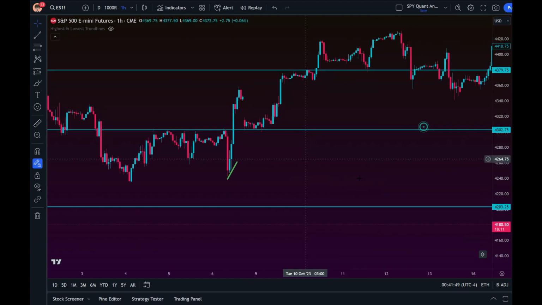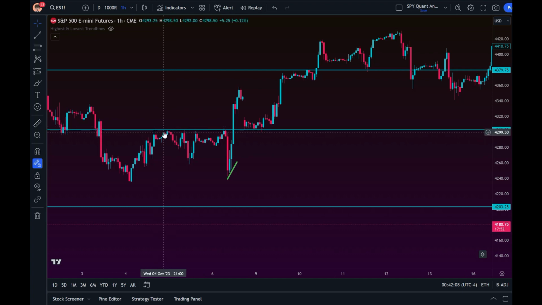So those are generally how you can play your support and resistance. Let's say theoretically we had a bullish pattern forming right here, okay? We didn't, but let's just say we had a bullish pattern forming right here.